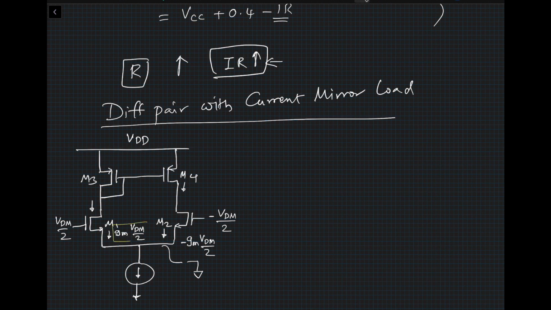This particular current has to flow through the M3 device, and it will be reflected over here. So the current over here will also be gm VDM divided by 2, and since there is a negative sign, the current going up is also gm VDM divided by 2. If I change the direction due to this negative sign, you can then say that the total current coming out will be gm times VDM.